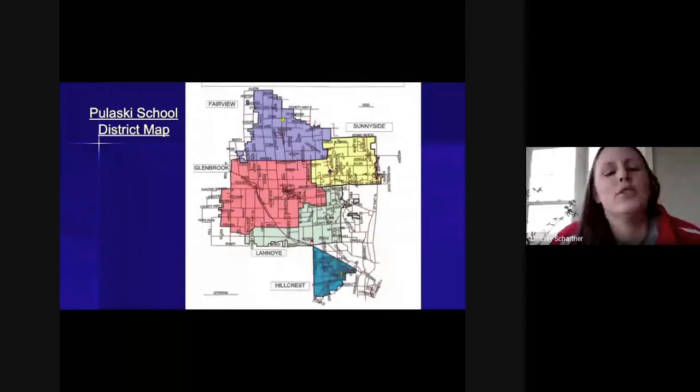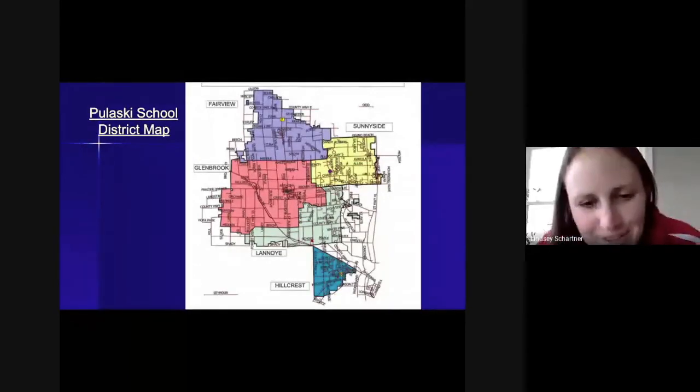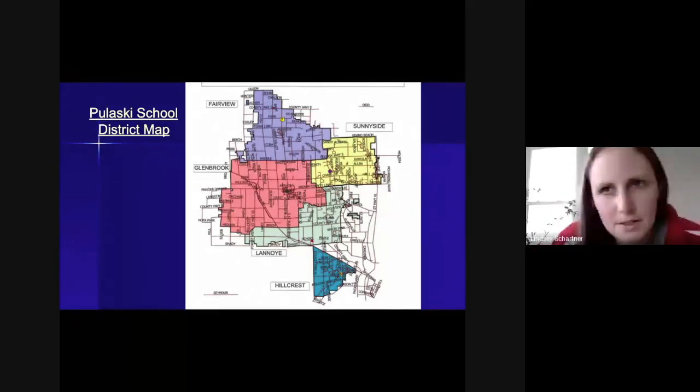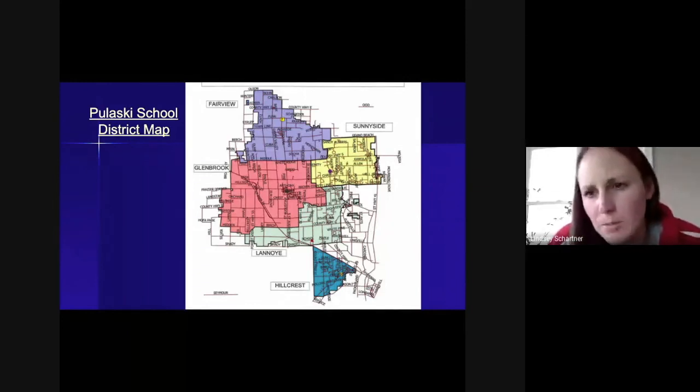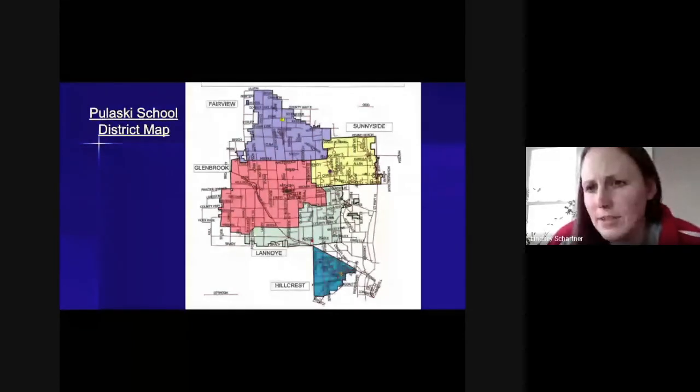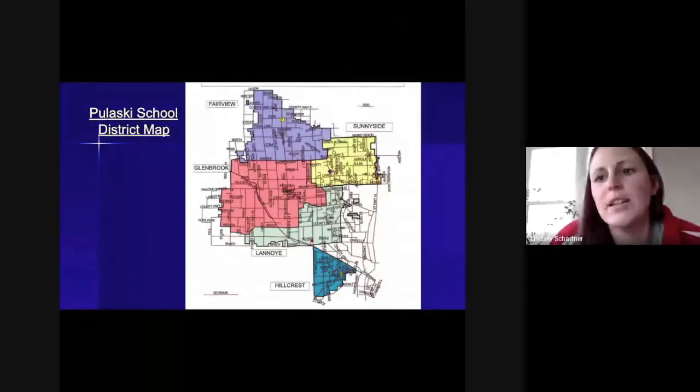So the little sliver of Hillcrest is because back when the school districts were establishing themselves, that was supposed to be kind of possibly a Howard Suamico area. They didn't want them, so Pulaski took that area. And now the Hobart area is kind of thriving. There's a lot of things going on. We have the two golf courses.